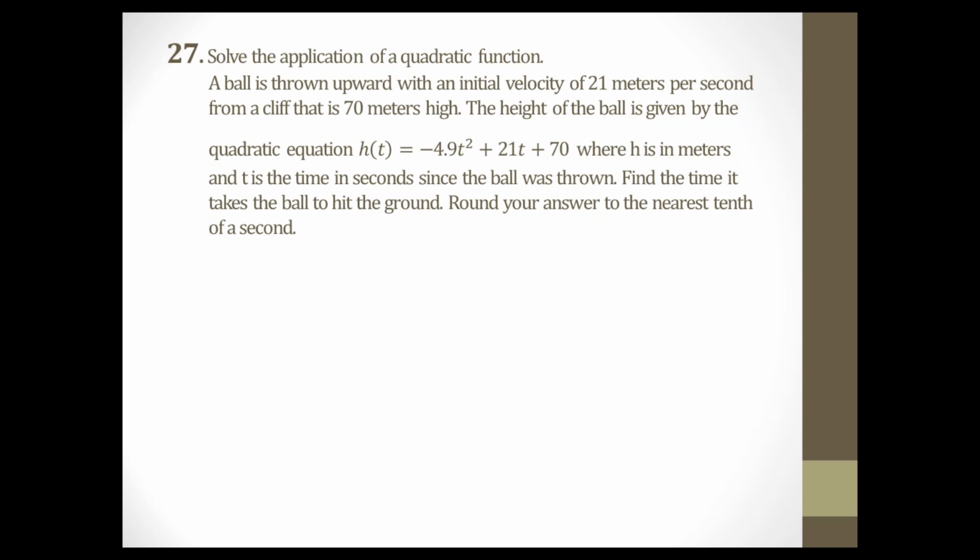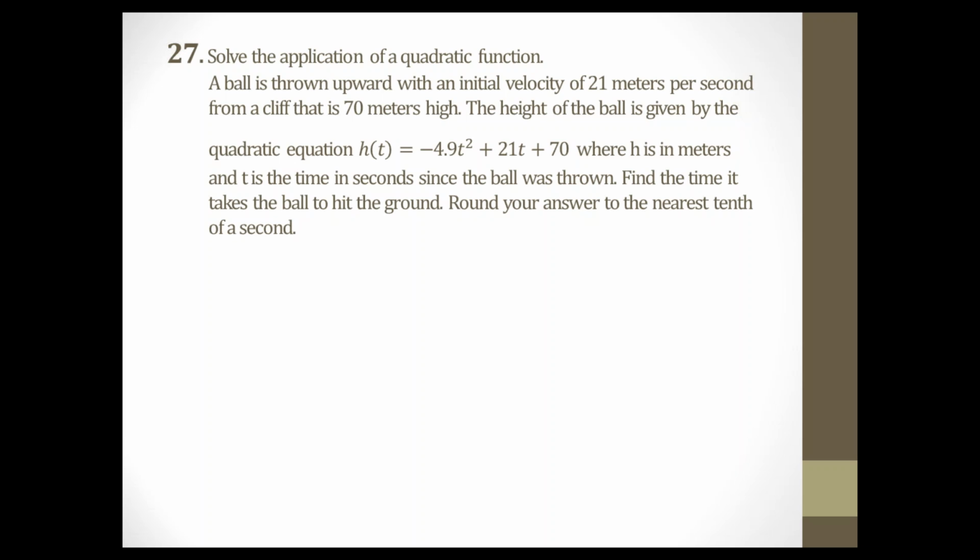The height of the ball is given by the quadratic equation h of t equals negative 4.9 t squared plus 21 t plus 70, where h is in meters, so how high the ball is in question, and t is the time in seconds since the ball was thrown. Find the time it takes the ball to hit the ground. Round your answer to the nearest tenth of a second.